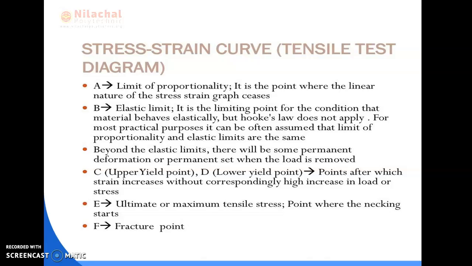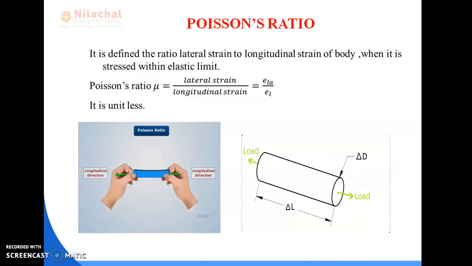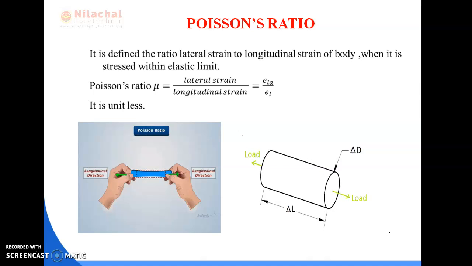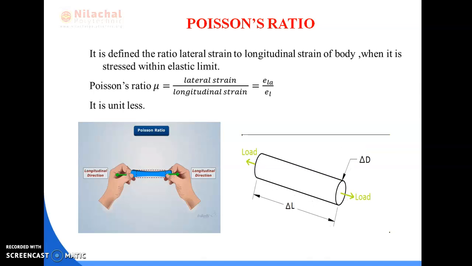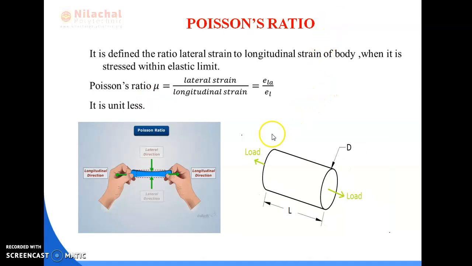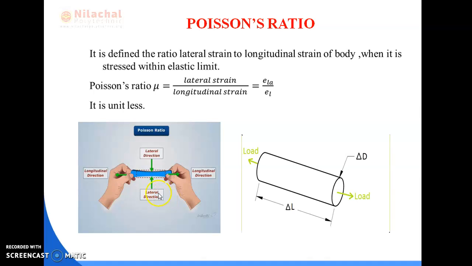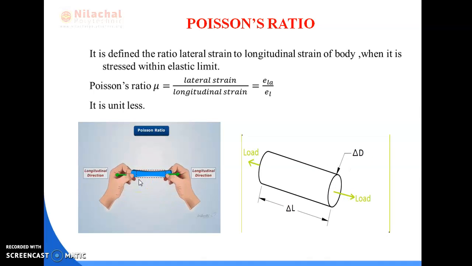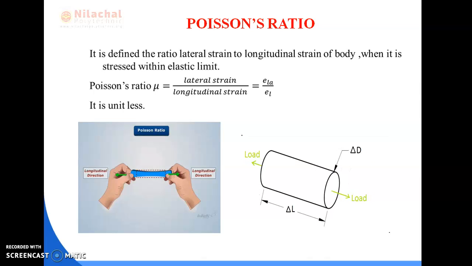Next term is Poisson's ratio. In earlier classes, we discussed that there are two types of strain. One is longitudinal strain, another is your lateral strain. Longitudinal strain means the length of the body is going to change with the application of load.